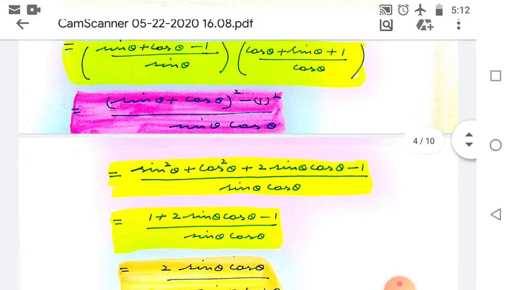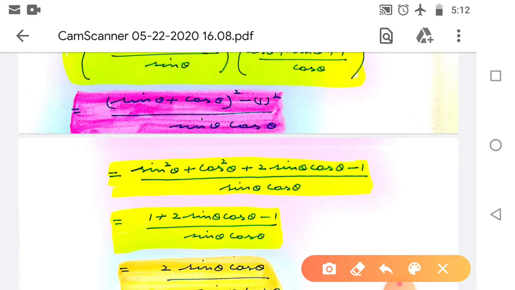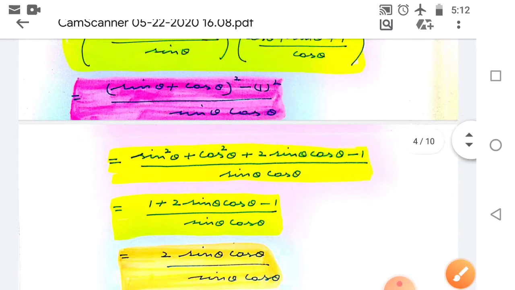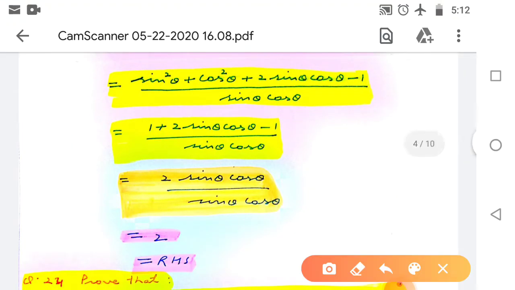Now open the bracket, that is sin square theta plus cos square theta plus 2 sin theta cos theta minus 1, but we know that sin square theta plus cos square theta is 1. So 1 plus 2 sin theta cos theta minus 1 upon sin theta cos theta, and finally this sin theta cos theta gets cancelled with sin theta cos theta, and we get 2, which is equal to RHS.